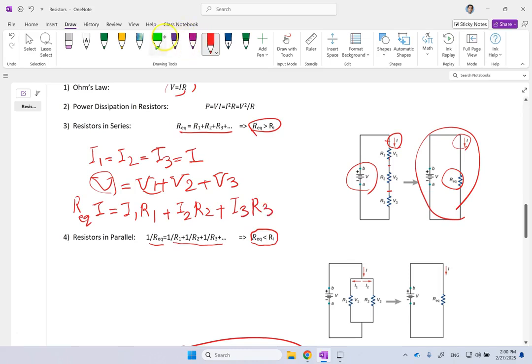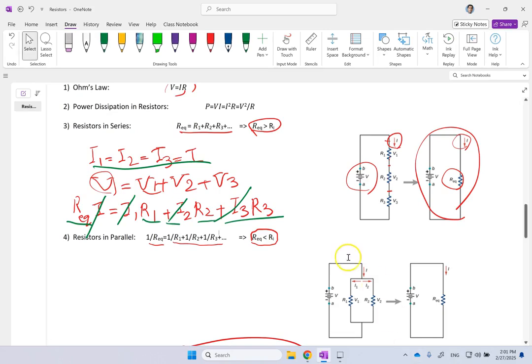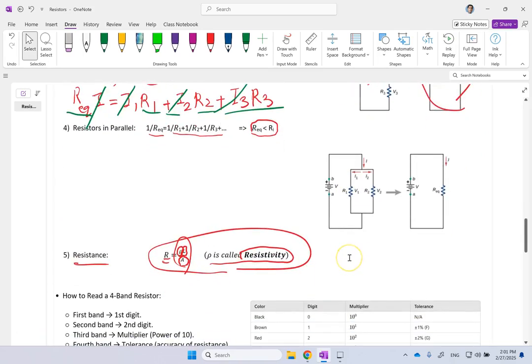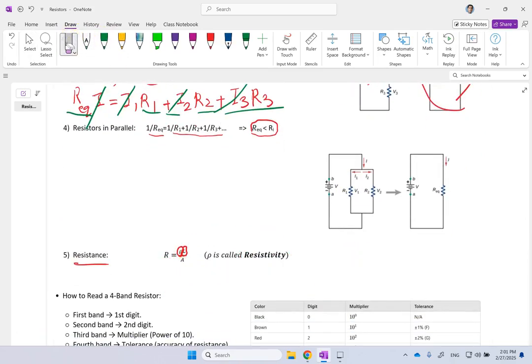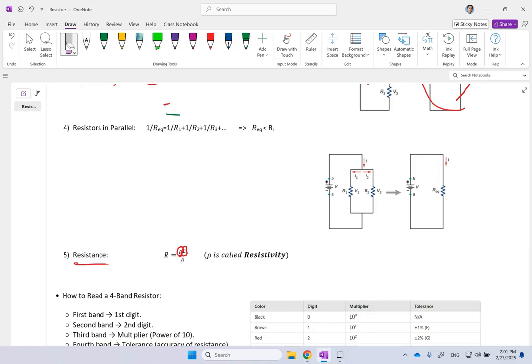But remember, all the I's are equal. We just said that, so we can get rid of them. And you see R equivalent is the summation of the other R's. So it's not really hard to show that. And in the case that they are parallel, again, it's not really hard to show that as well.